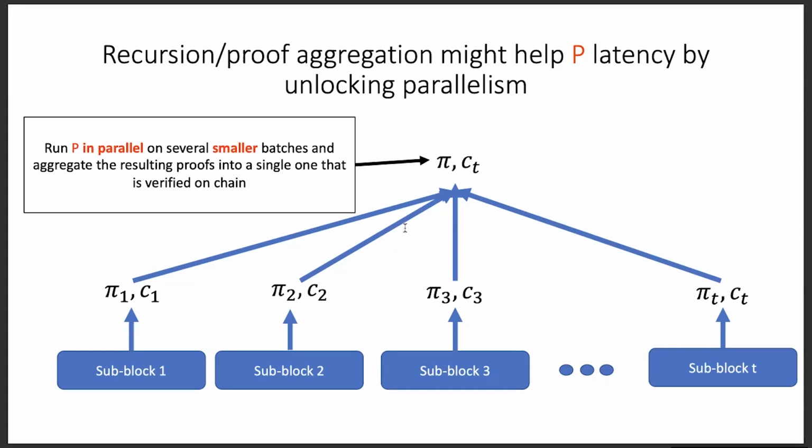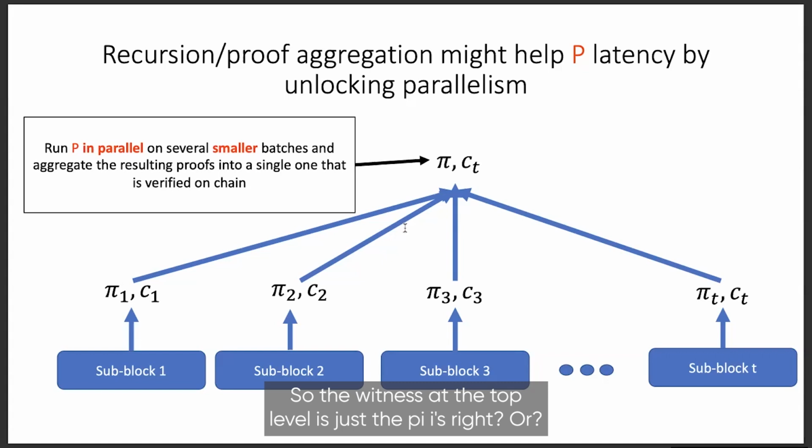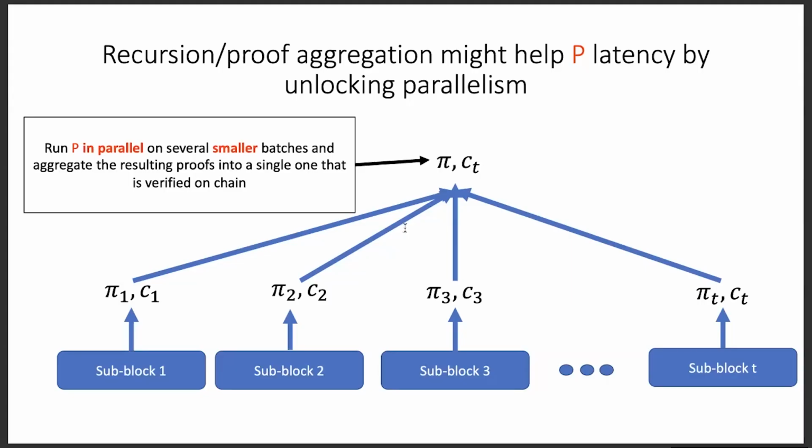Okay, does that make sense? So the witness at the top level is just the pi i's, right? Yeah, it's the pi i's, and also the C i's, because the on-chain verifier, if you were posting these on chain, also needs to know the commitment to verify the proof.